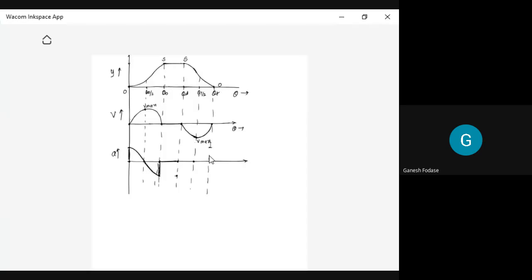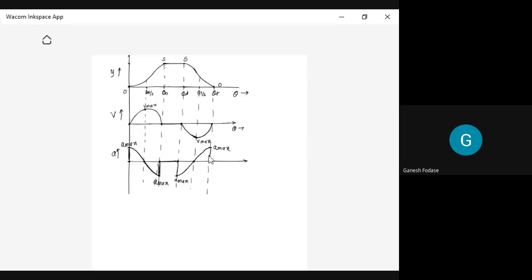So if I join this, it will be this nature, a cosine curve. So the acceleration curve during return is like this. This is maximum, A max. You can see at the start and end of the rise and return, the acceleration is maximum, while at the mid of the stroke, it is 0, and during the dwell period, of course, it is 0.